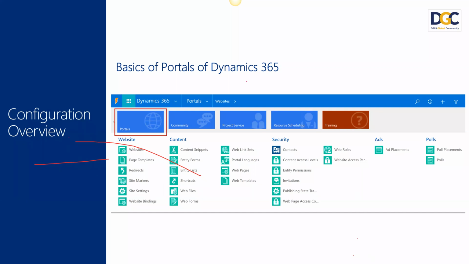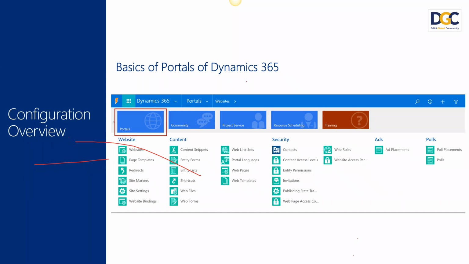Once a contact has been configured to use the portal, it must be given one or more web roles in order to perform any special actions or access any protected content on the portal. So for example, in order to access a restricted page, the contact must be assigned to the role which can read that page, because the web role is assigned.